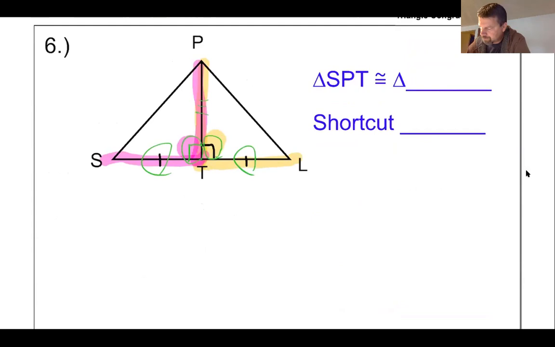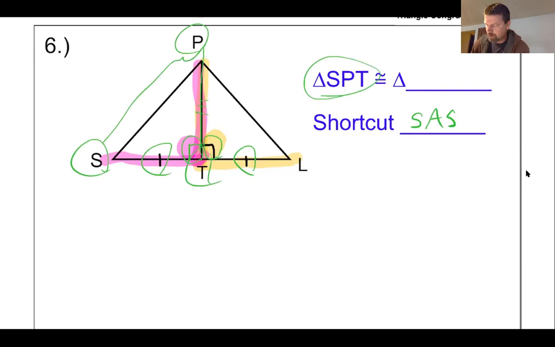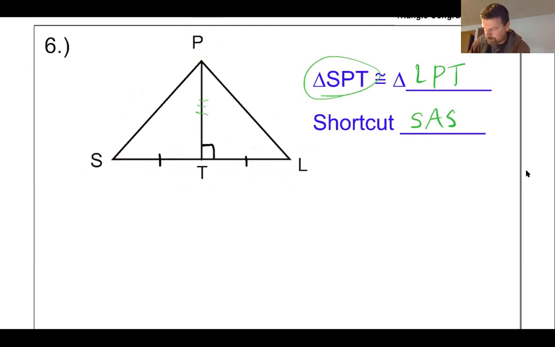So why are they congruent? They're congruent because of side, angle, side. Make sure you list the order in the correct order. This one was listed SPT, S to P to T. That would be the same as L to P to T, LPT, following along that same order, right?